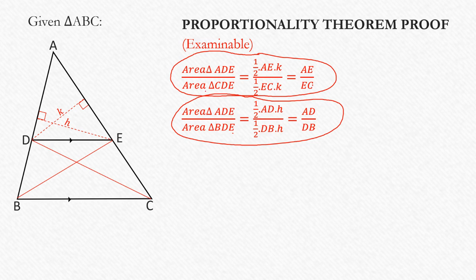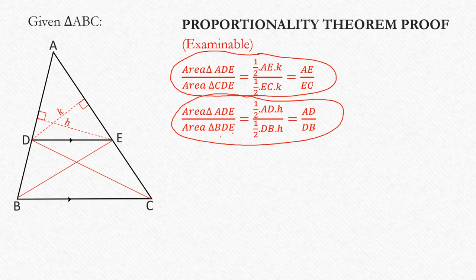But if we check these two triangles, triangle CDE and triangle BDE, they have the same area. I want you to pause here and check and see why I'm saying triangle CDE and triangle BDE have the same area.